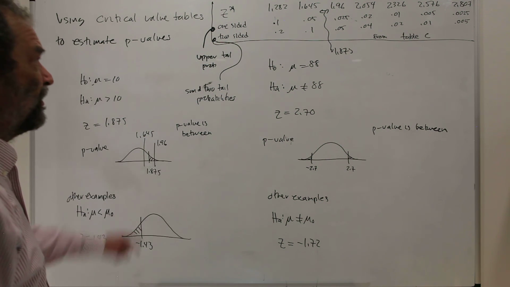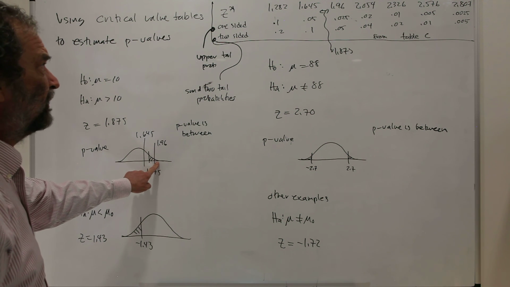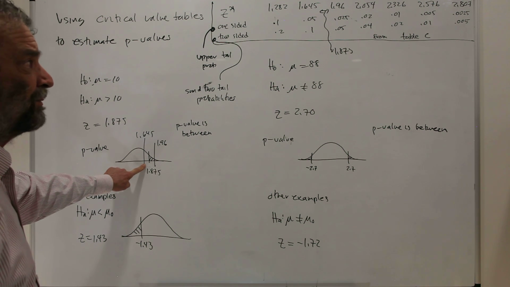They straddle the 1.875, and so the tail probability of this is a little bit bigger than that for 1.96, which is 0.025, but smaller than the tail probability for 1.645, which is 0.05.